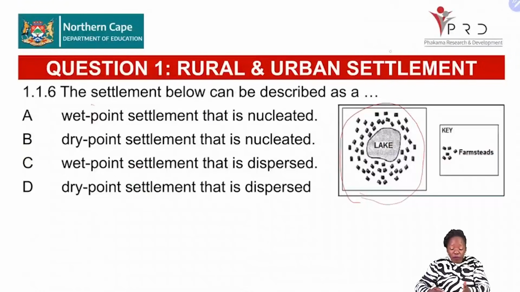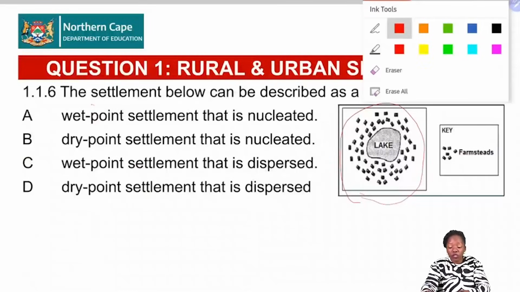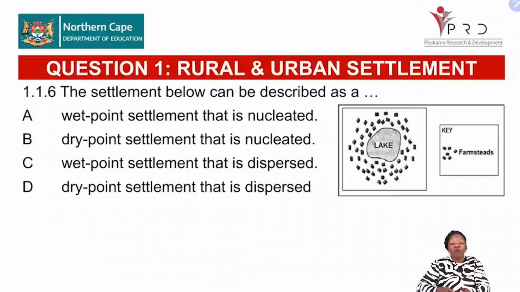A dry point settlement that is nucleated? A wet point settlement that is dispersed? Or a dry point settlement that is dispersed? Here you need to understand the settlement pattern, and you need to know the difference between your wet point settlement and your dry point settlement. I'm going to give you 2 minutes to work on this question, and then after 2 minutes, we will be able to proceed to the solution.